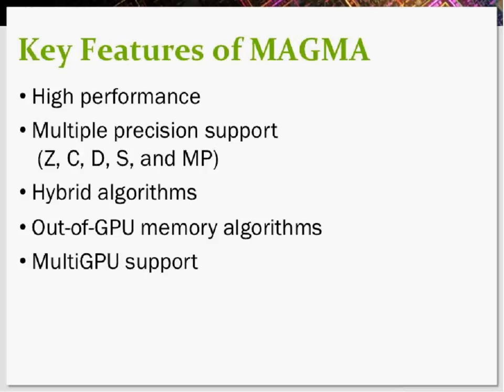All algorithms are hybrid in the sense that they use both CPU and GPU. There are also out-of-GPU-memory algorithms, for when a single problem does not fit at once in the GPU memory, so we can stream the computation. And we have support for multiple GPUs.